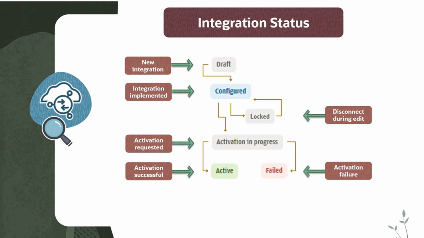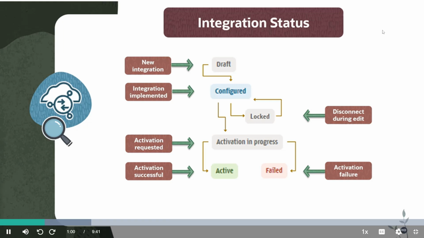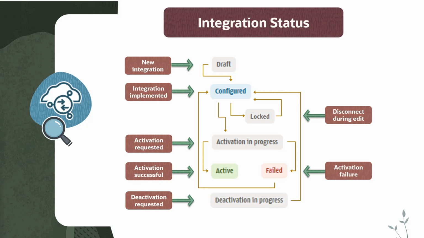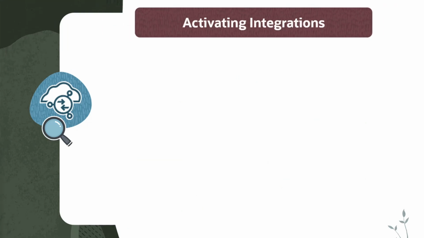At this point, if it has failed, you would likely be troubleshooting to see what sort of issue is involved, why it couldn't be activated, and make some modifications to the integration or edit one of its connections as it goes back to a configured status. Of course, if you choose to deactivate an integration, it transitions through this deactivation in progress status and then back to a configured status.